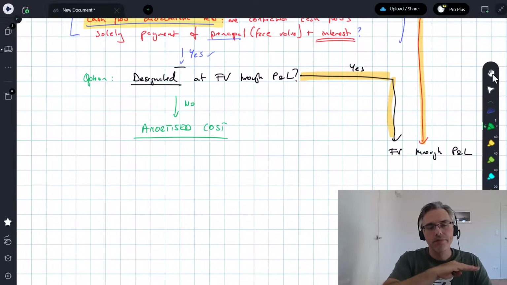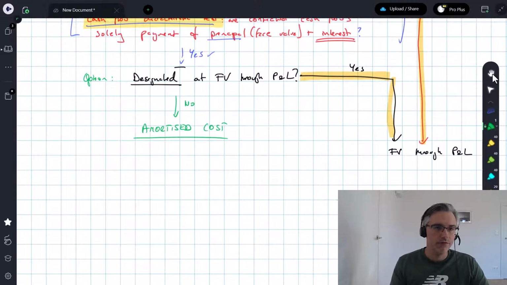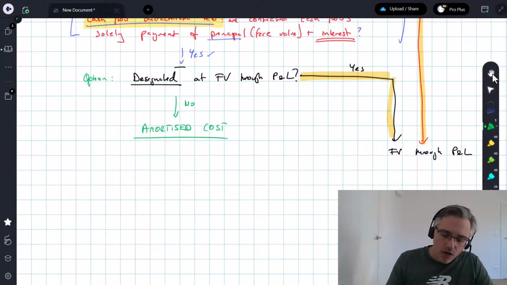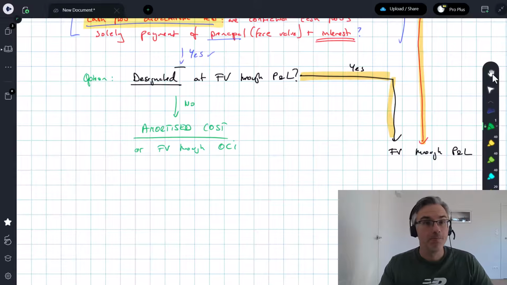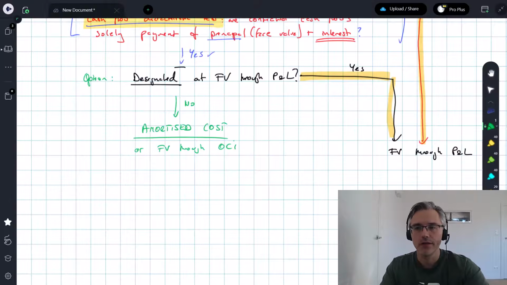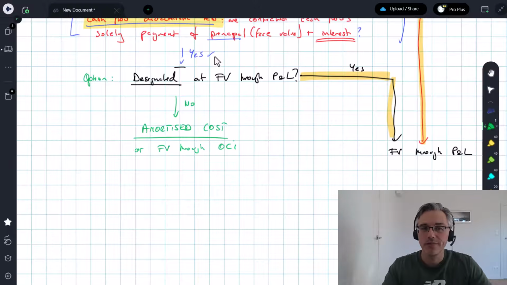This is the most placid, stable way of accounting for debt securities. Or at fair value through other comprehensive income. And if you watch that video, you'll find the link to accounting for financial instruments, I believe it's called, for level 1. There you will see what the difference between the two approaches is.